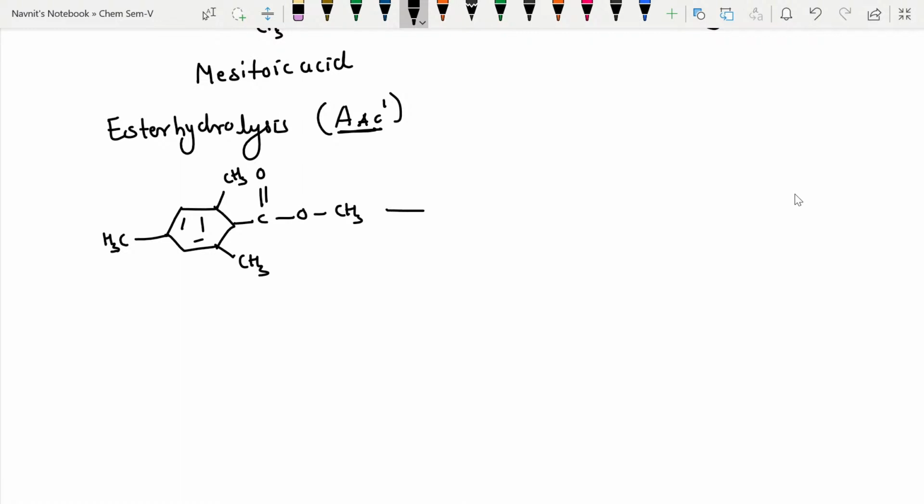So the first step is always protonation. Whenever any reaction is catalyzed by acid, the first step is always protonation. Now this oxygen has two lone pairs. Now one of the lone pairs gets protonated. Let's see what happened.